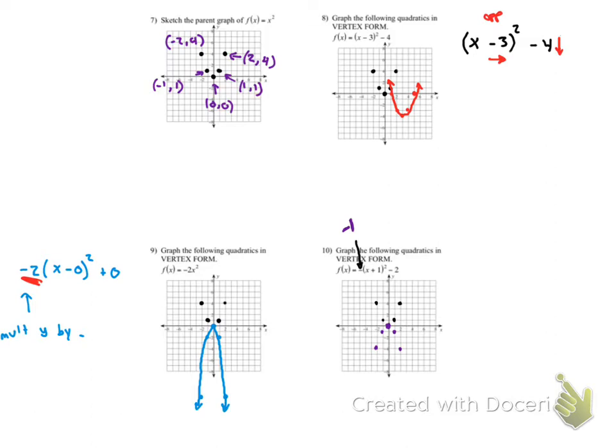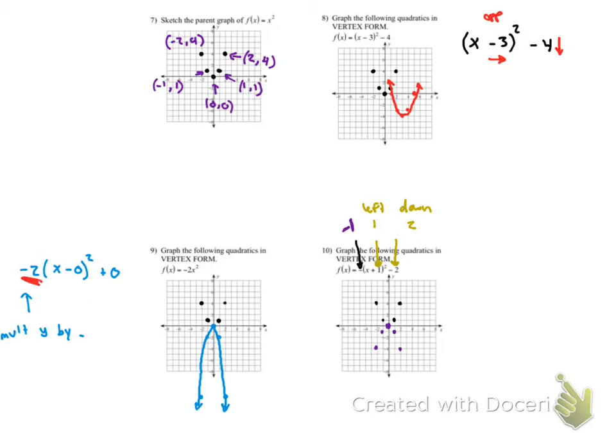After we do our multiplier, we want to go ahead and do our shift. There's one shift, there's another shift there. So we're going to be moving left 1, because that one's going to be opposite, and then down 2. From the purple, I'm going to start with the origin first. Left 1, down 2. 1, 2.